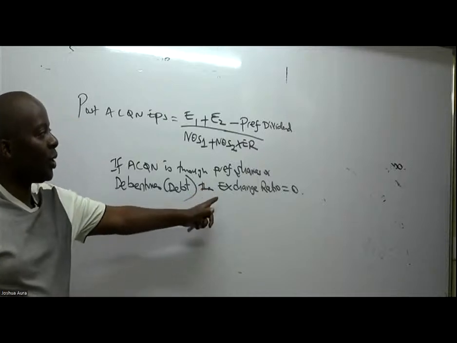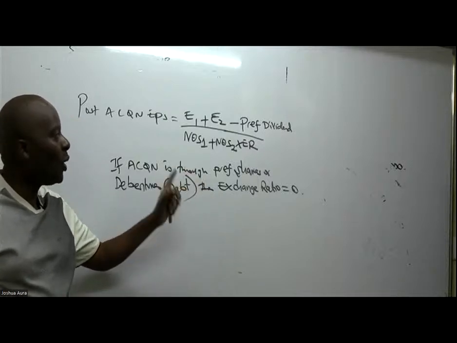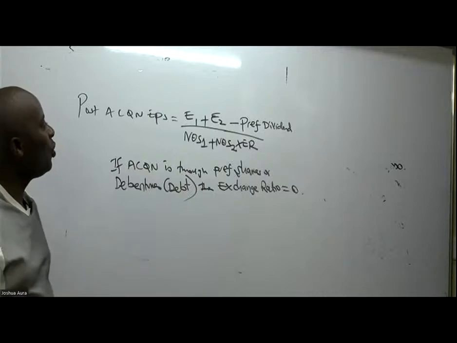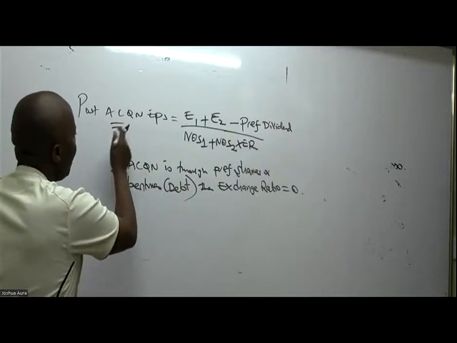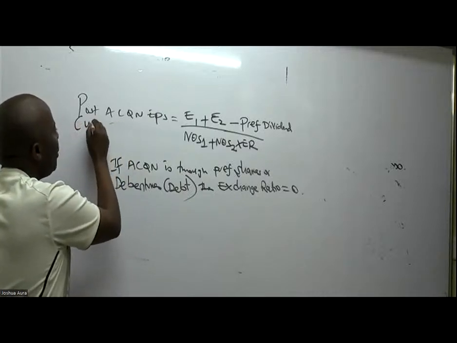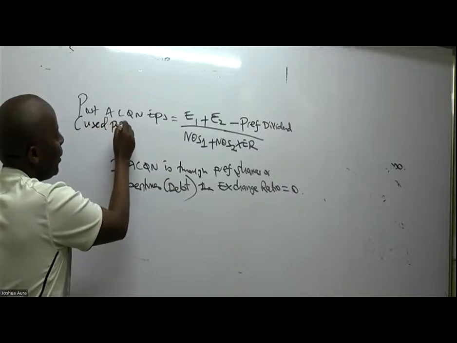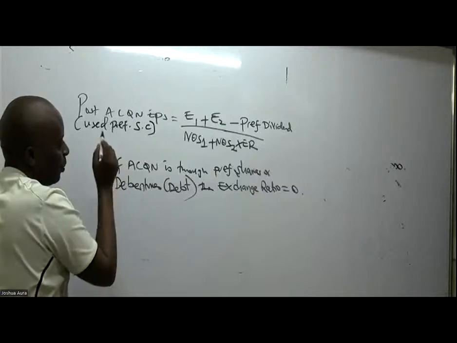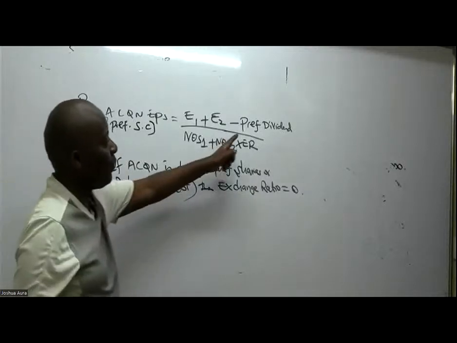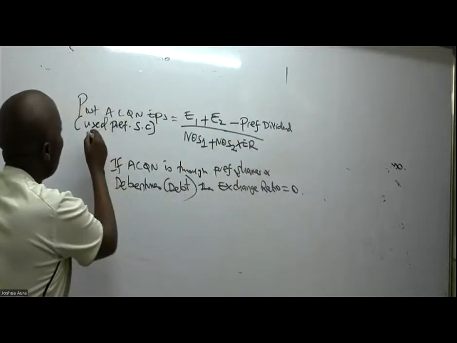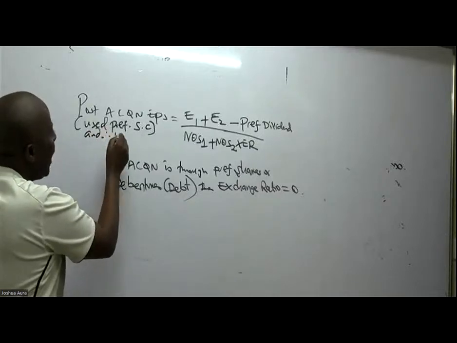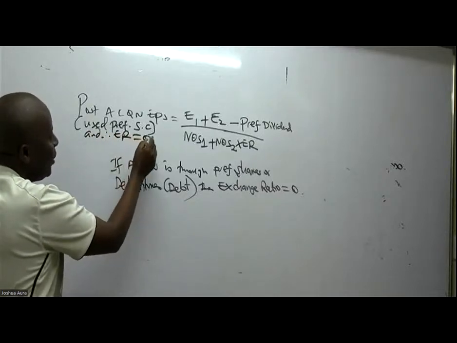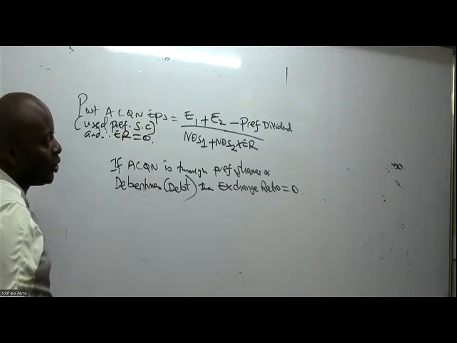Then the exchange ratio automatically will always be equal to 0. If you look at the question that I'm handling here, they used preference share capital, and that is why I'm paying preference dividend here. And therefore, the exchange ratio here must be 0.